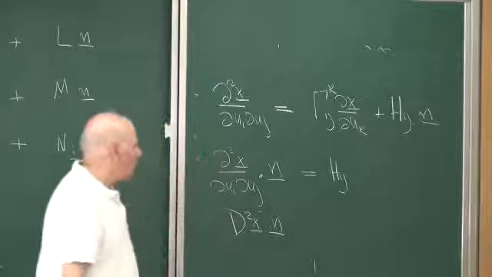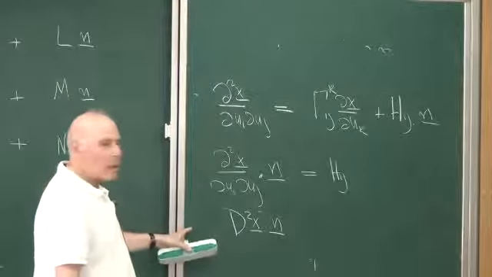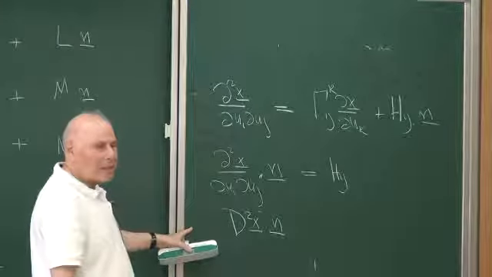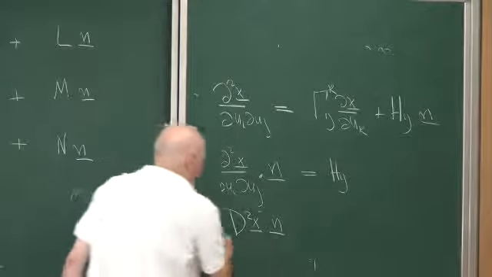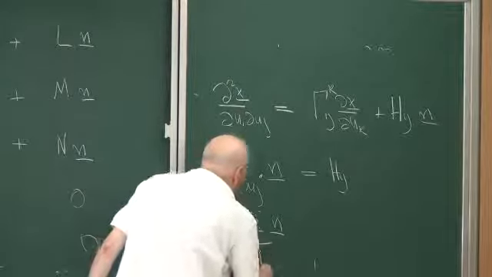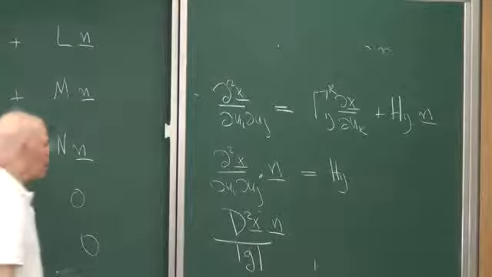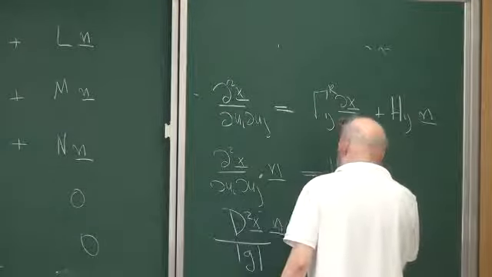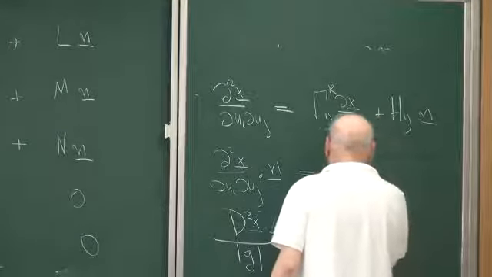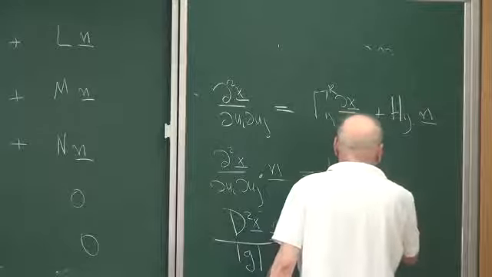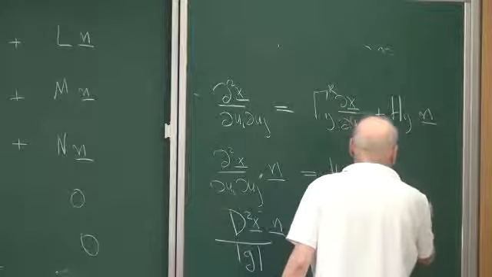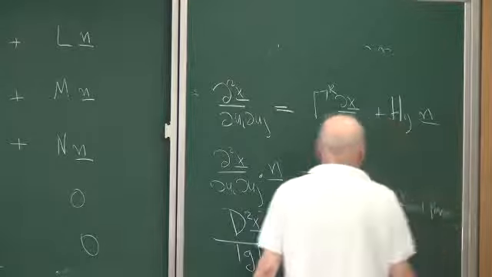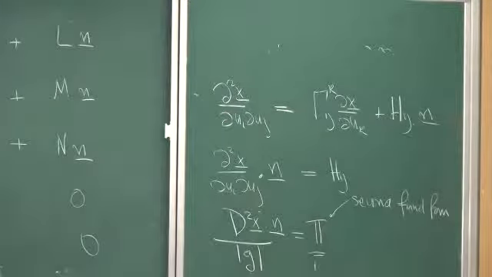And then for the second fundamental form, I took this and divided through by the determinant of the metric. So the h's are just the second fundamental form.